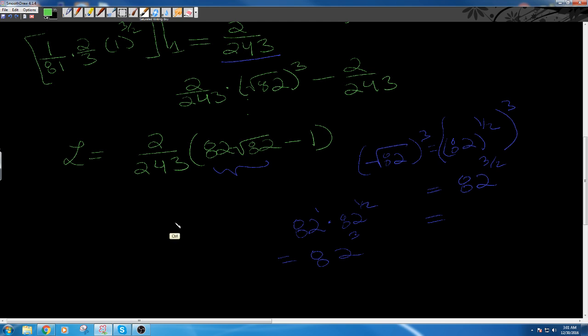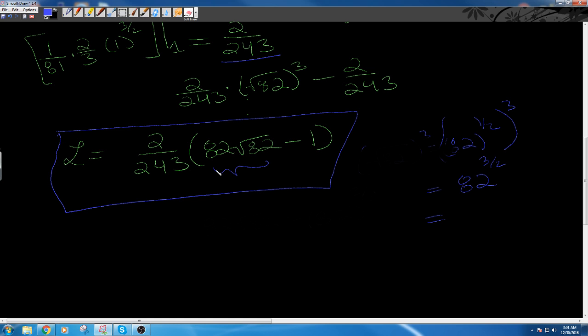The point I'm trying to make here is they switch all over the place. They make it overly complicated. But basically, 82 times the square root of 82 is the exact same thing as 82 to the 3/2. Now, the answer right here is the answer.